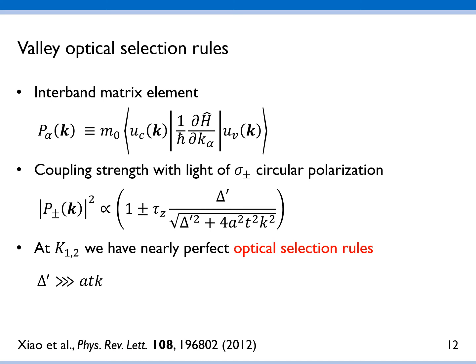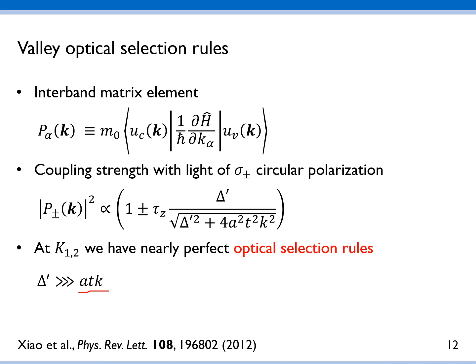Now, when we go to the conduction band minimum, so at K or K prime, we have nearly perfect optical selection rules. And this is because this product becomes very small.